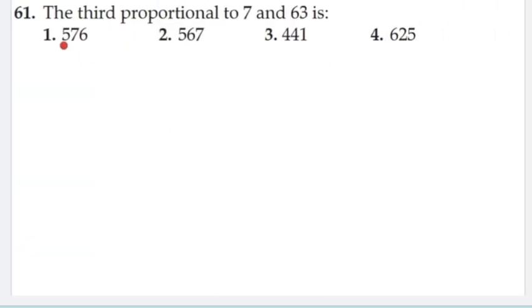So now moving to the 61st question, that is the third proportion to 7 and 63.